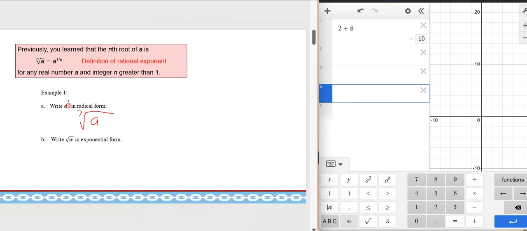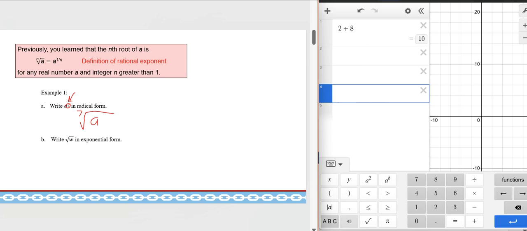If we had an exponent with a numerator other than 1, that numerator would then carry down with the a. We would have a to the 1, but we don't put the first power on our numbers, it's implied. In example B, we have the square root. If there's no number by the radical, it's a square root.